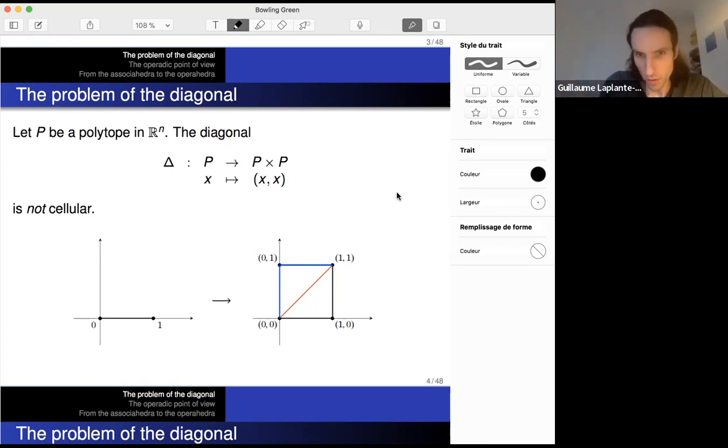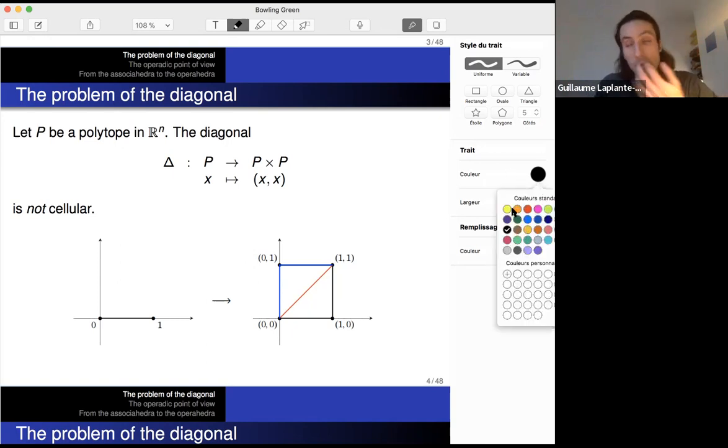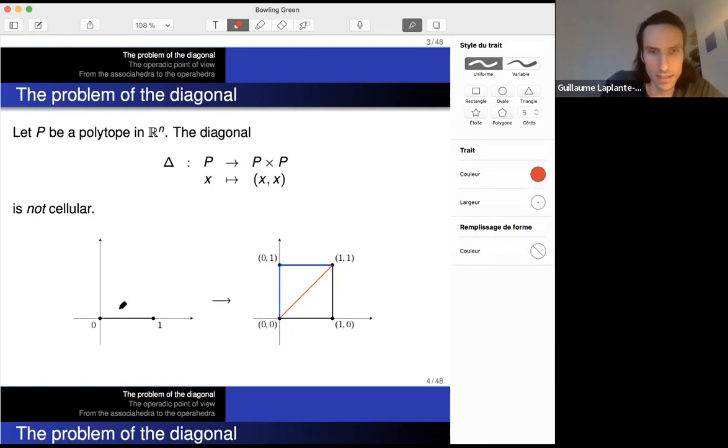So, for instance, if you look at the simplest non-trivial polytope, it's the interval. And what's happening with the interval? Well, you take it and you send it onto this red line here on the right.